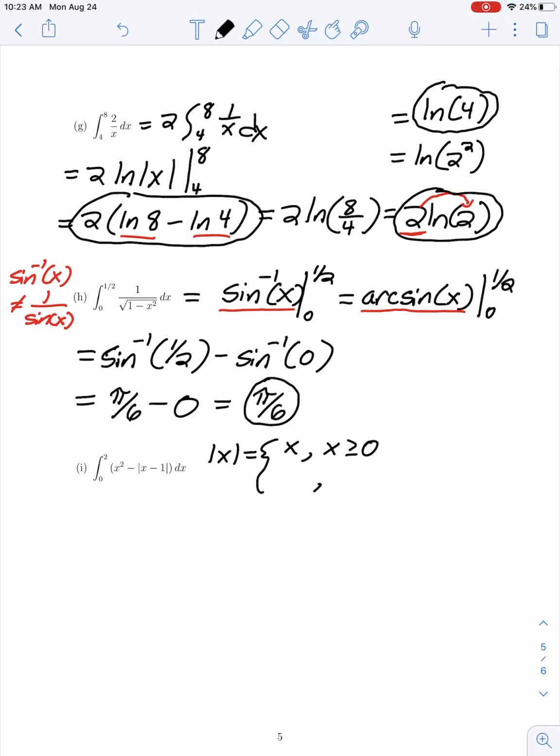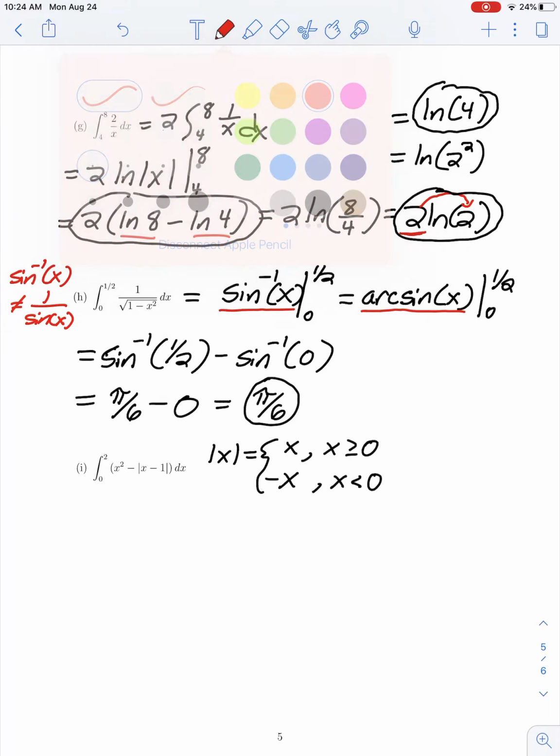But if x is negative, so for values of x less than 0, the absolute value of x is the negative of x. So in particular, the absolute value of negative 3 is positive 3, which would be the negative of negative 3.